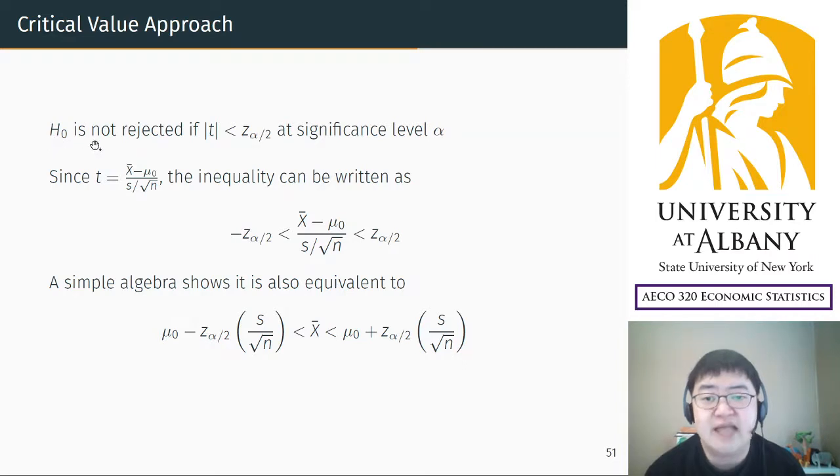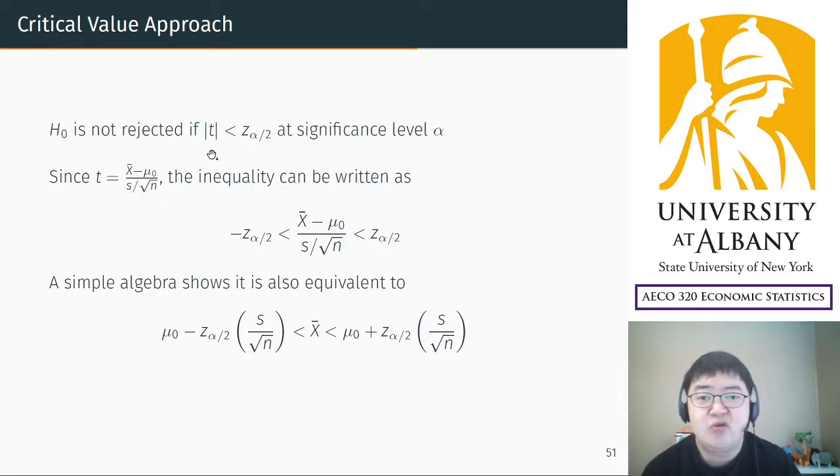H null is not rejected if the standardized difference t is small enough, close enough to zero, at most z alpha over 2, and it is assuming the significance level of alpha. So then I am going to replace t with its underlying formula.